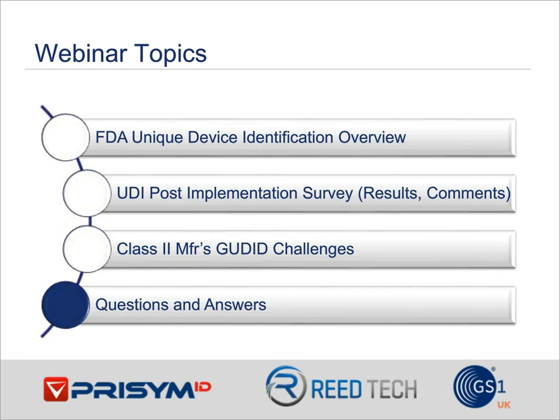It could be over a transition time, and it could include anywhere from the evidence for submissions. There's some requirements in the rule about having a record of the device identifier and the products that you have in production, and all the way through. They could ask some questions about 21 CFR Part 11 compliance of submitted SPL documents.